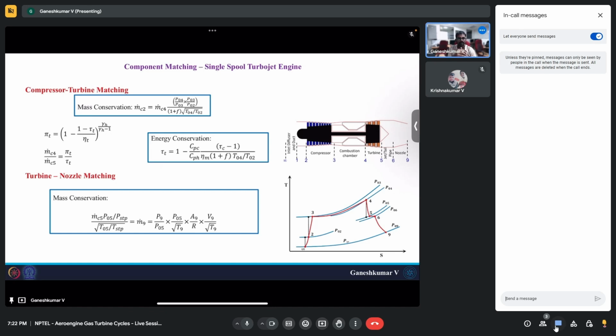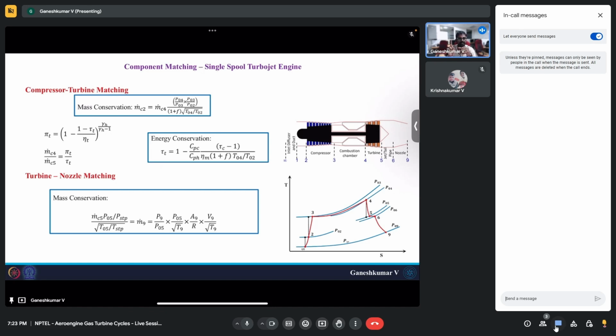it tries to affect all the other components at the front. How does it affect? Because when the mass flow rate increases, in order to allow this mass flow rate through the nozzle, the pressure at the exit of the turbine will start rising.